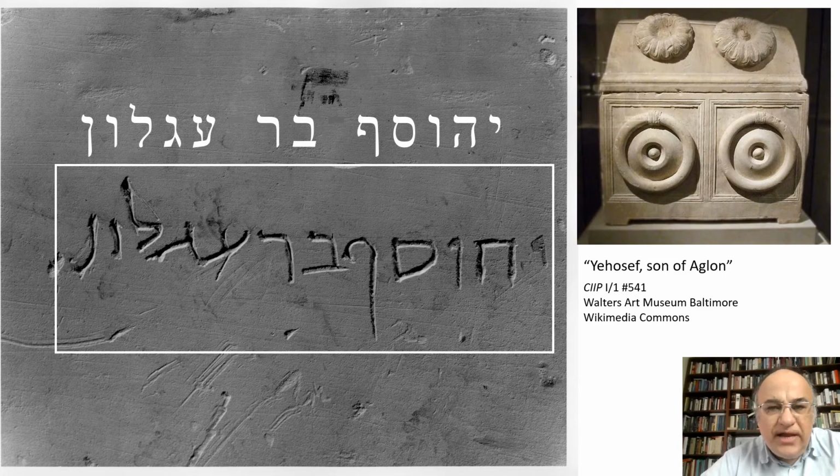As you see, here we have 2 final forms of letters, the final Pe and the final Nun. Since Jews usually have names that are quite common, for example, Yehoseph, which means Joseph, they often add nicknames to, in our case, Joseph, son of Aglon, which means, according to the editors, son of the calf.